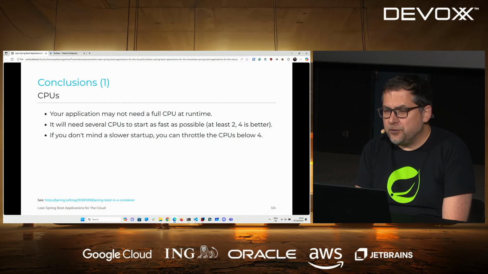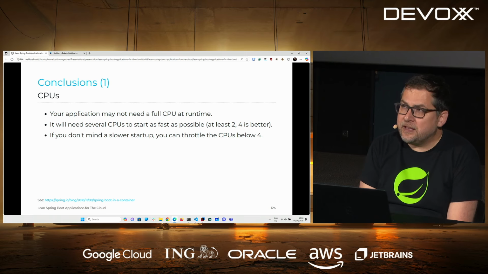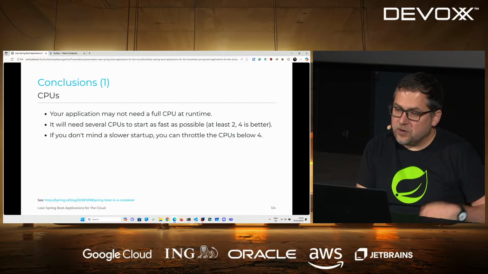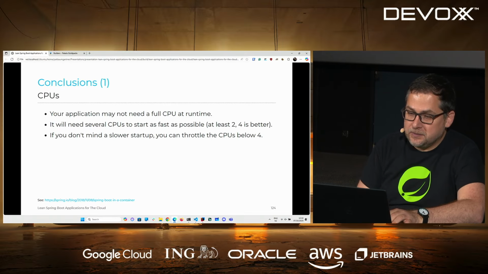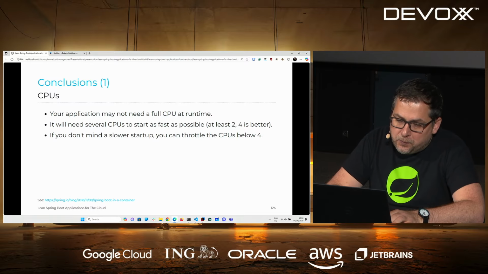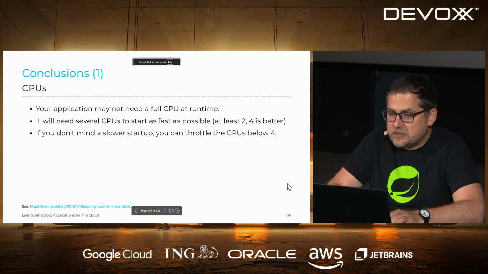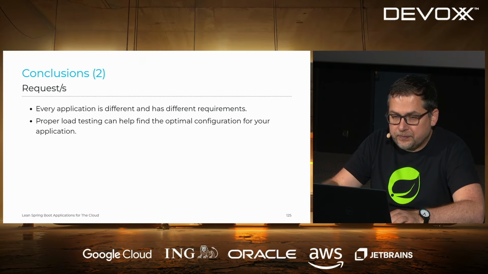If you could give your application 4 CPUs to start and scale down later, that would be awesome. That covers the peak load, and afterwards your application is probably most often just idling. There is a nice blog post about that from Dave Syer, mentioned down here, so have a look at that. It covers these points as well.